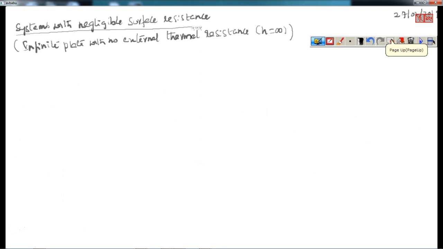Right now for this I will be taking a sketch which is like this. I'm drawing a sketch. I'm describing a system having infinite surface in the yz direction.